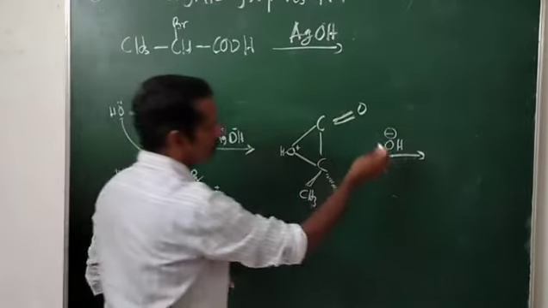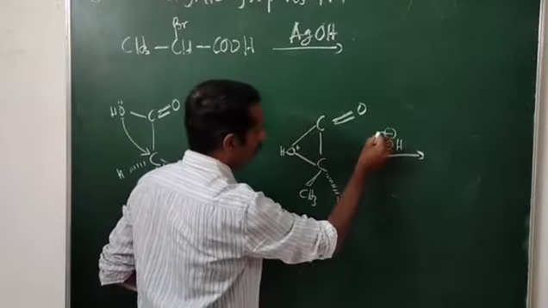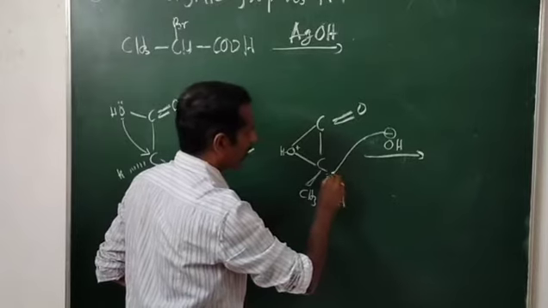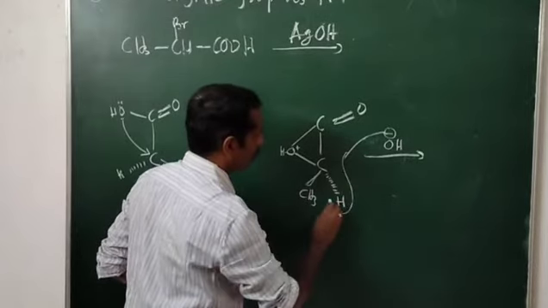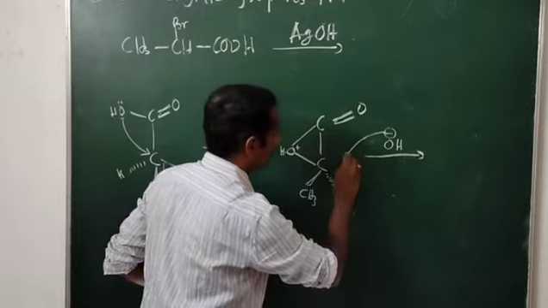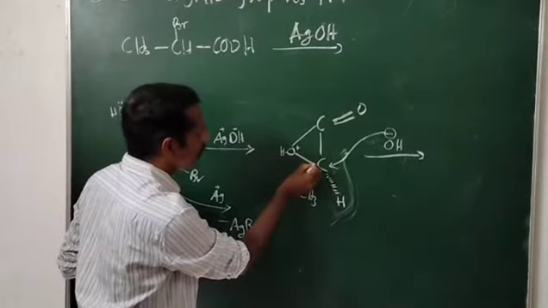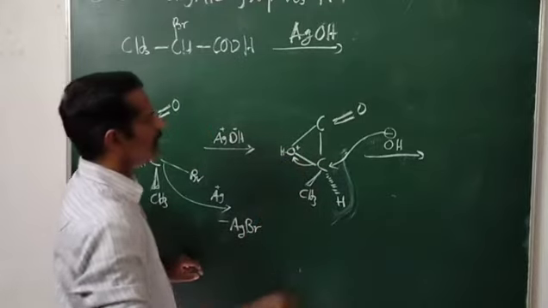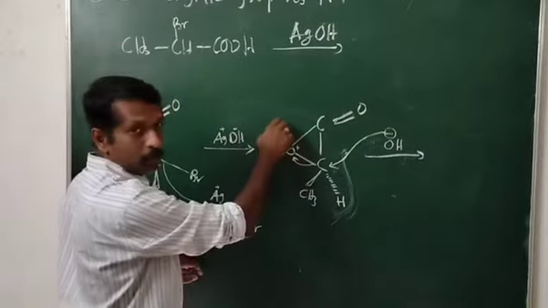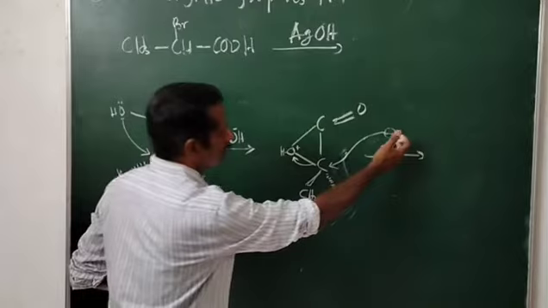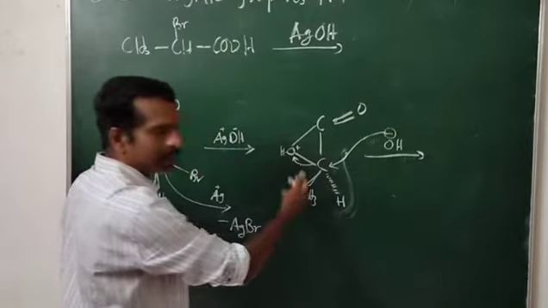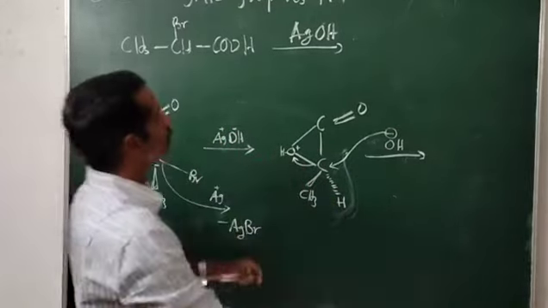Now in the next step, you can see that our external nucleophile attacks from the backside. We can show like this, or simply you show like this, attack from the backside. What will happen? This bond breaks and it will go back to oxygen, and that means this OH group again becomes free. And since OH minus is attacking from the backside, another SN2, there is again inversion of configuration.